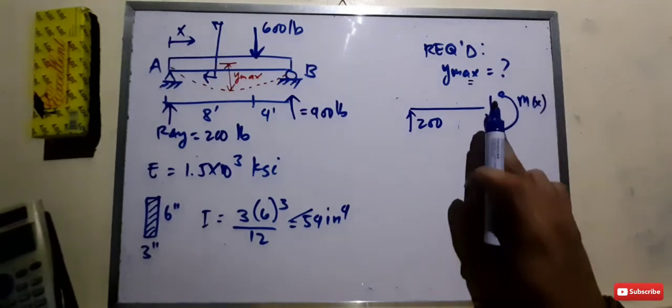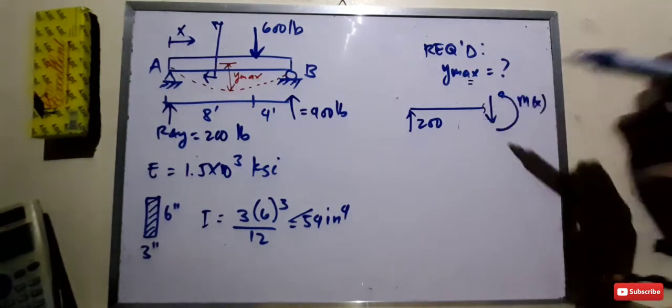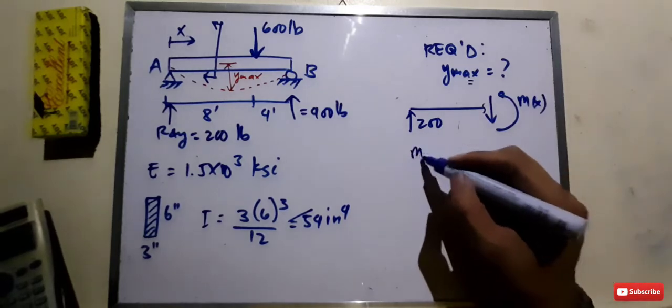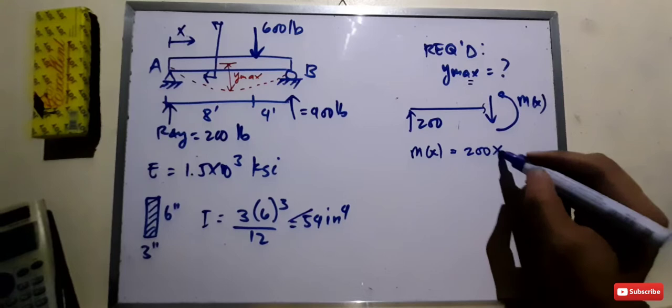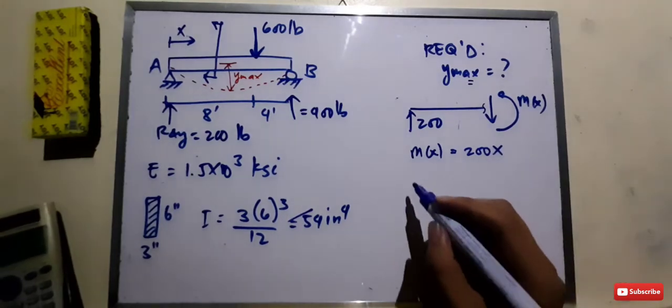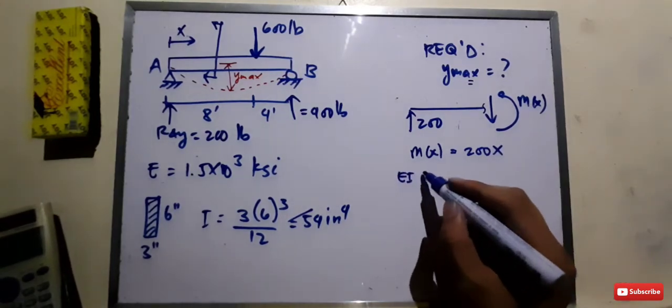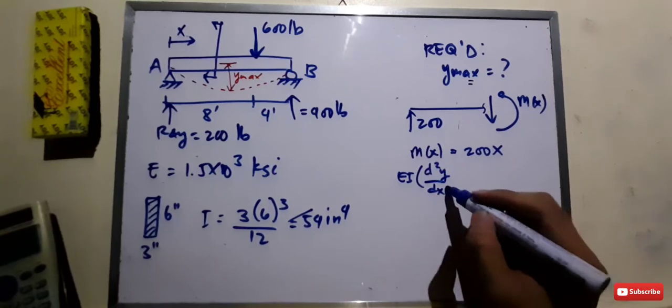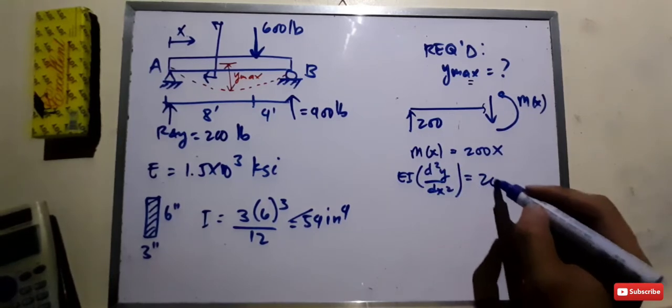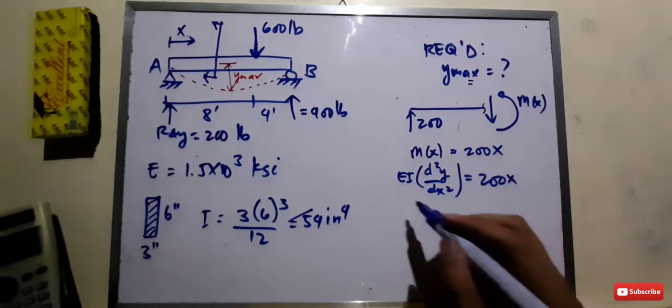Summation of moment at this section, you will have moment as a function of x equals 200x. We substitute this in our equation, EI d squared y over dx squared equals 200x.